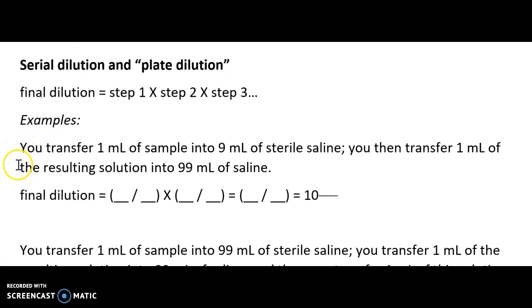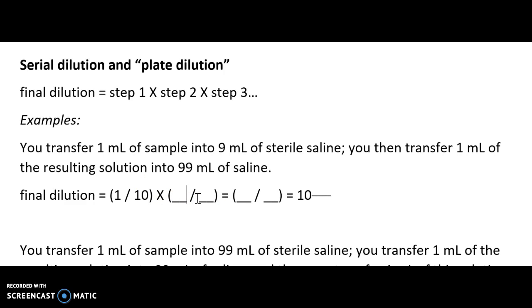So for the first example, you might transfer 1 ml into 9 ml, and then you might take some of that and transfer 1 ml of that into 99 ml of saline or water. What would the final dilution be in that case? Well, the way to figure it out is to take the dilution of each step and multiply them together. So we have 1 divided by 9 plus 1, which is 10 for the first step.